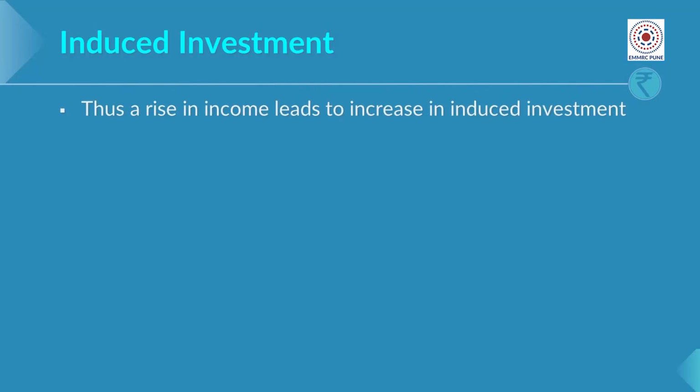But sometimes in the short run, entrepreneurs instead of increasing investment may adopt other techniques like increasing the working hours of the laborers or overworking of the existing machines, etc. These methods will increase the profits of the producer, which will motivate them to expand their business through new investment. This type of investment is known as induced investment. Thus, a rise in income leads to increase in induced investment. This is explained in the principle of acceleration.